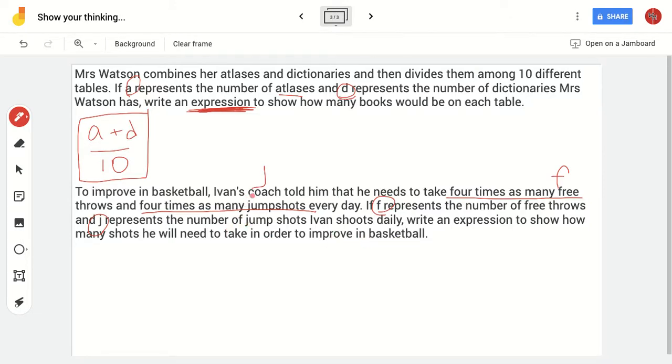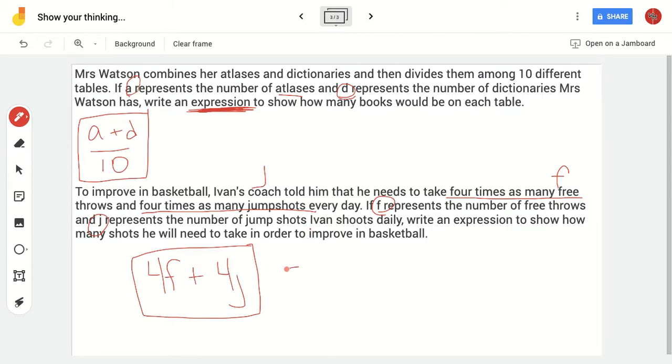Well, if every day he takes F number of free throws, and he needs to multiply that by 4, and he takes J number of jump shots, and he needs to multiply that by 4, that's how I would write it.